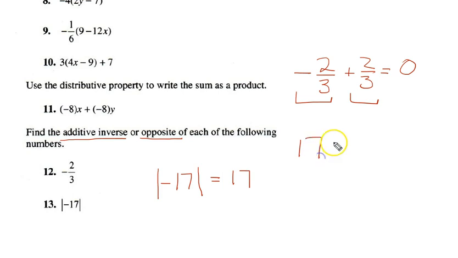Well, 17 and its opposite, a negative 17, would add up to 0. So this one's a little tricky because you had to convert this to the absolute value of negative 17, which is 17. But they've asked for the additive inverse of 17 now, which is a negative 17, its opposite.